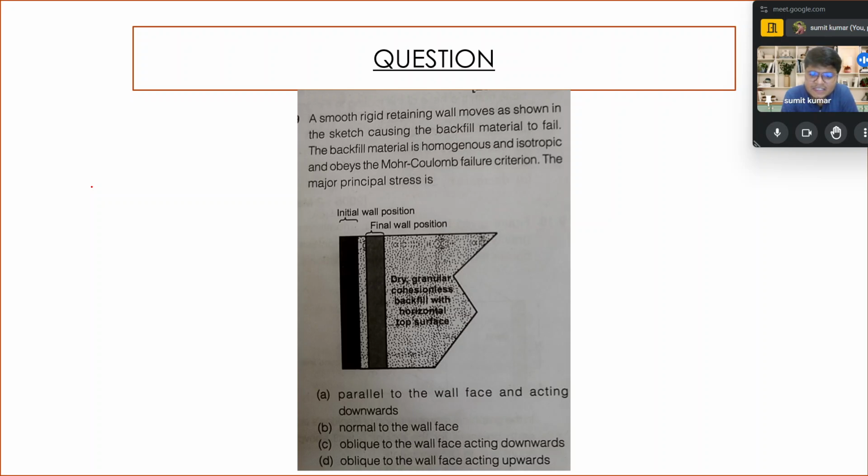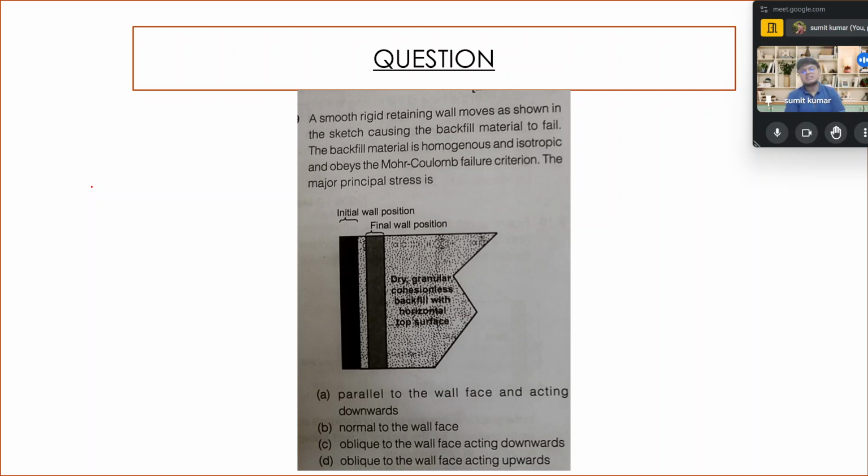So over here we can see that the initial wall position is presented, and the final wall position is also presented, as the wall is moving toward the backfill. It is asking whether the major principal stress is parallel to the wall face acting downwards, normal to the wall face, oblique to the wall face acting downward, or oblique to the wall face acting upward.